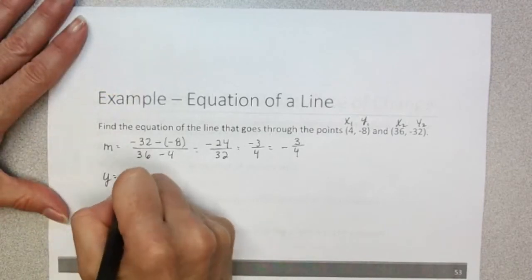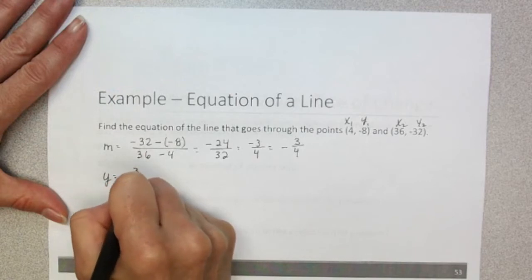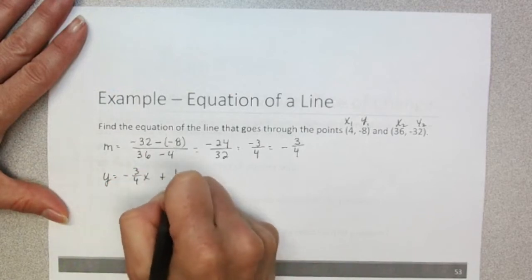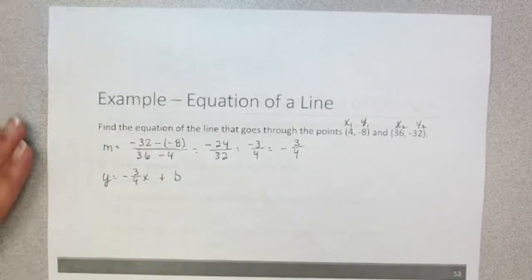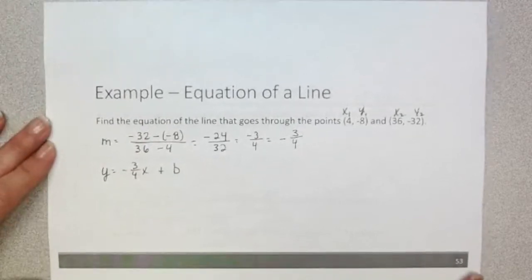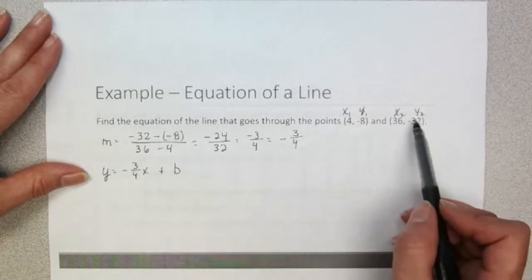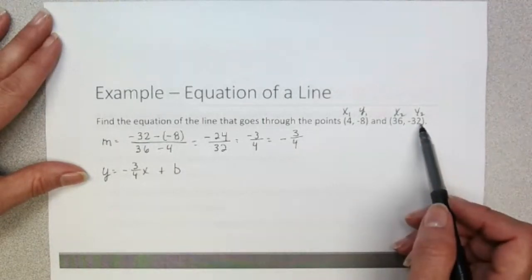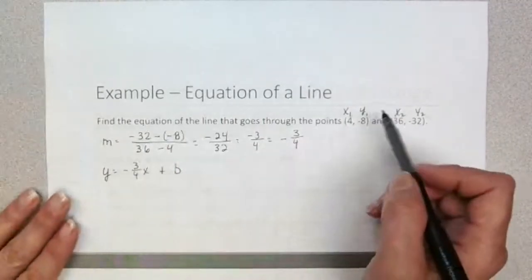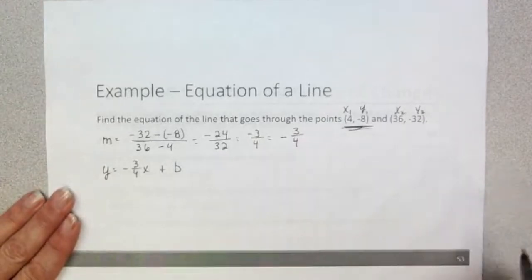So there's my slope, but I don't know the equation yet, right? I know that y equals -3/4 x plus b, but I don't know what that y-intercept is. Well, I can use one of the points to find the y-intercept, or I could use both of the points and the slope in the point-slope form. I think I'll just use one of the points. These look like nice, easy, low numbers.